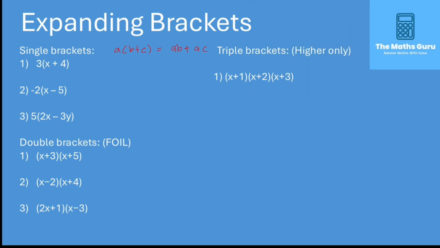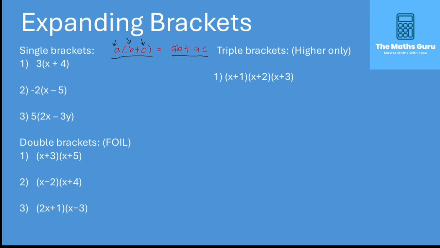This is a general formula, a general solution to this. What we do is we times the number outside the bracket by the first number inside the bracket, and get AB. And then take that same number and times it by the second number there and get AC.